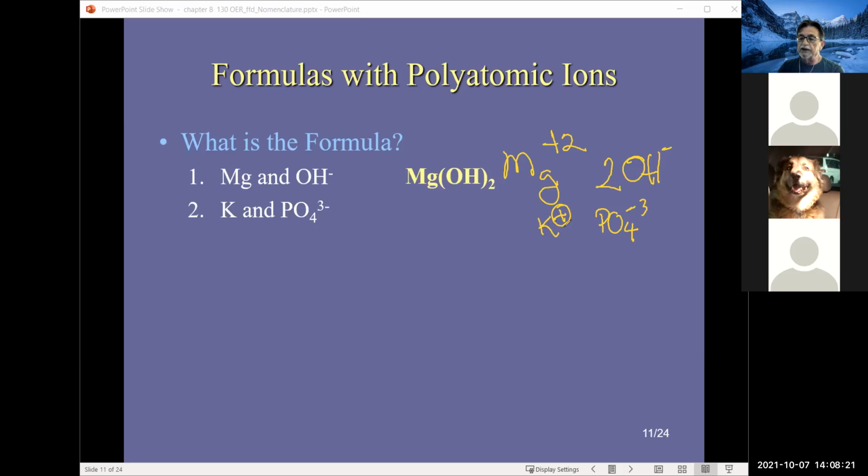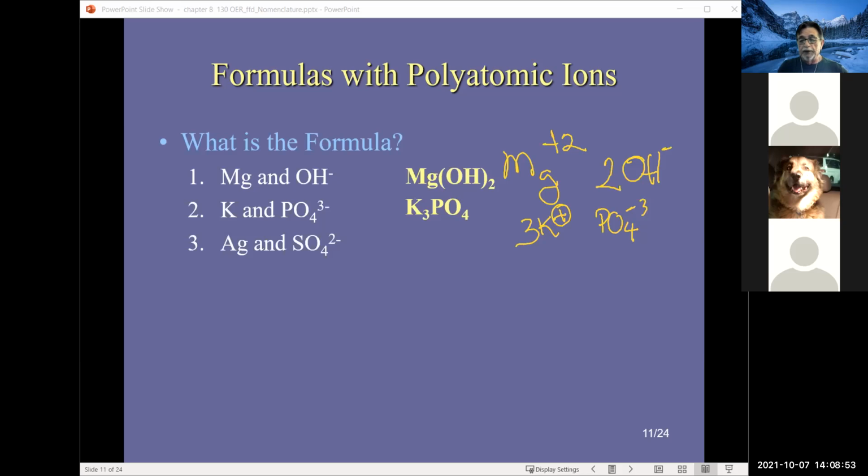Well, the potassiums each have only a +1 charge, so I need 3 potassiums to cancel the -3 of the phosphate polyatomic ion. And so the formula becomes K3PO4. Notice we didn't put parentheses around the PO4 because you only need one of those units, okay? And you just leave it without parentheses.